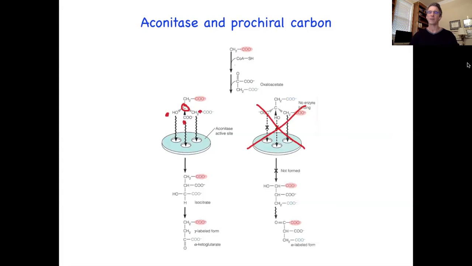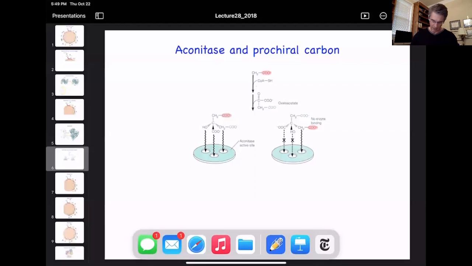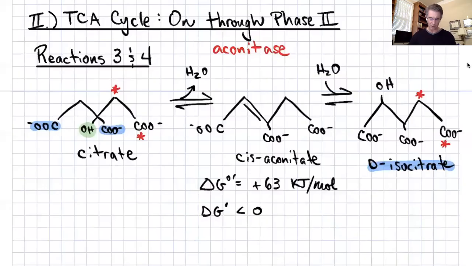It can recognize that arrangement and therefore only allow the reaction to happen in a particular way, and always then put the alcohol group, when aconitase puts that alcohol group back, on one carbon in one face of the molecule. Okay, so that's how the enzyme manages to retain carbon identity, even though that central carbon is not formally chiral.